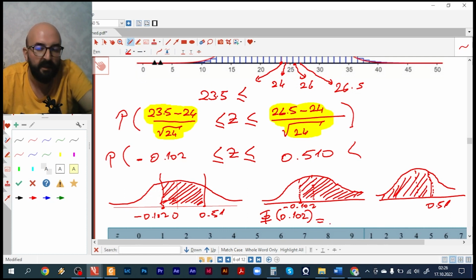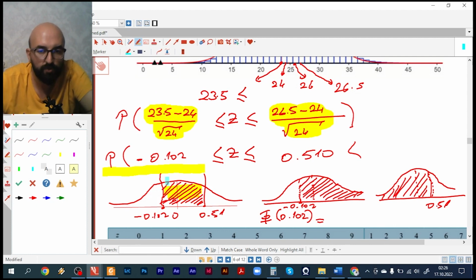Okay, and you want to find the area between these points, but the Z table shows you this area, and you want to figure out between these points.